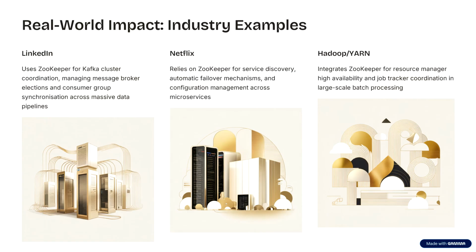Netflix relies on it for service discovery and automatic failover in their microservice architecture, and configuration management across microservices. Third one is Hadoop and YARN. They integrate ZooKeeper for resource manager high availability and job coordination in large scale batch processing. This example shows ZooKeeper's importance in real-world large systems.